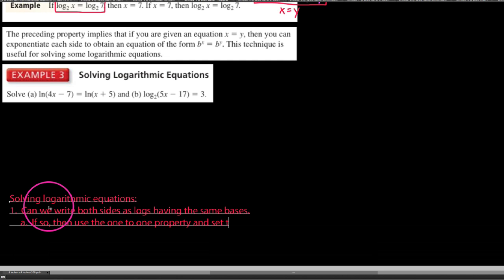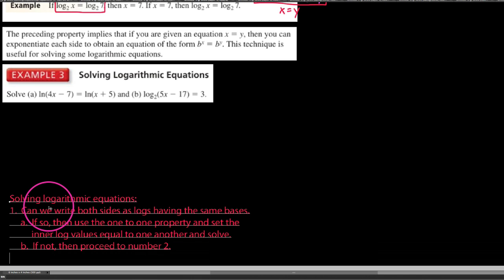Solving logarithmic equations. The very first question is this: can we write both sides as logs having the same base? If so, then use the one-to-one property and set the inner log values equal to one another and solve. If not, then proceed to number 2.